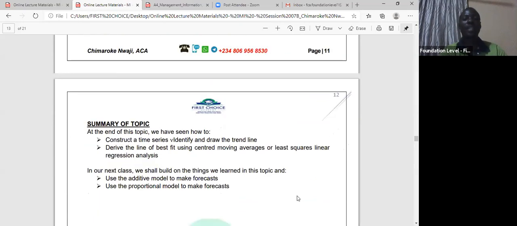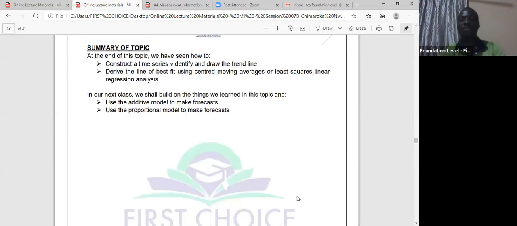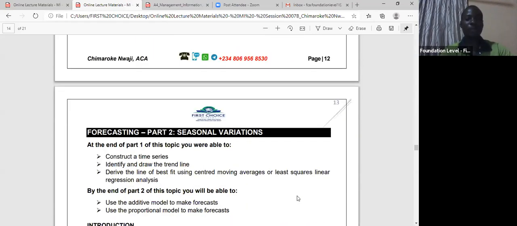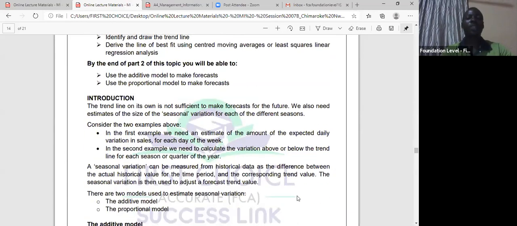Now we said that in our next class, we will take up the additive model to make forecasts, and we'll use the proportional model to make forecasts. Okay, so let's see how we can do that now. The trend line on its own is not sufficient to make forecasts for the future.